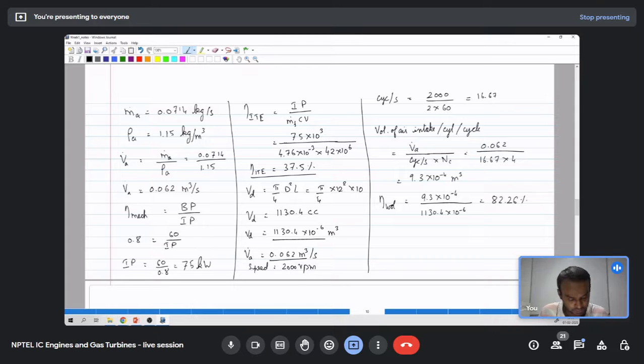So now, with the brake power at 60 kilowatt at 2000 rpm for 4 cylinders, we can calculate the brake work per cylinder per cycle.